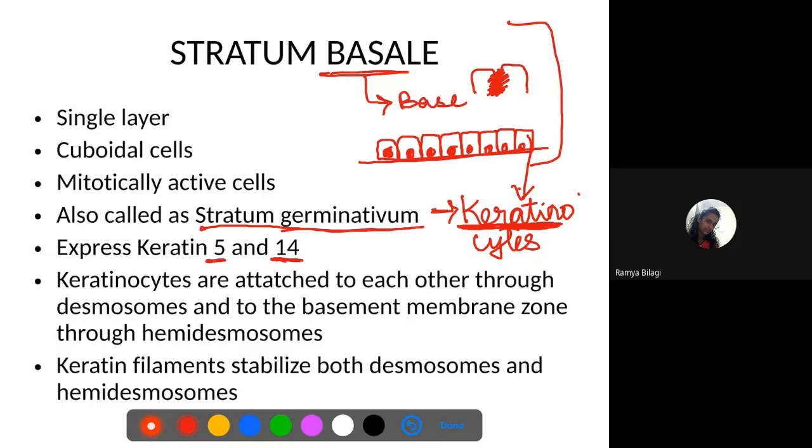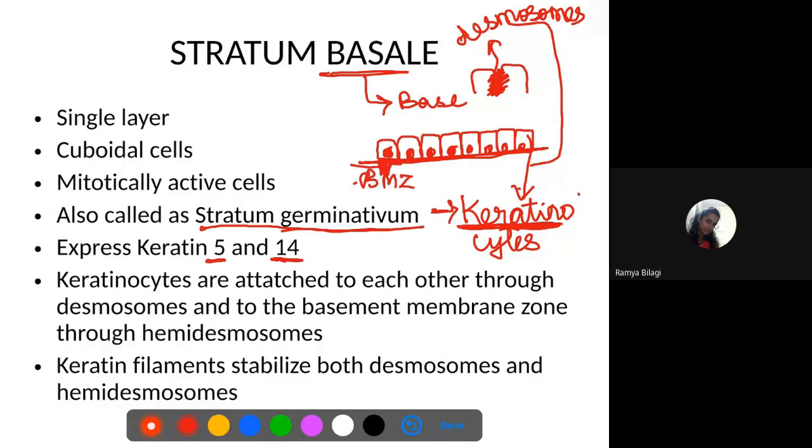So this is something called desmosomes. They are the intercellular substance, and the basal layer is attached to the underlying layer, that is the basement membrane zone, which we will study later. So the basal layer is attached to this layer through hemidesmosomes.